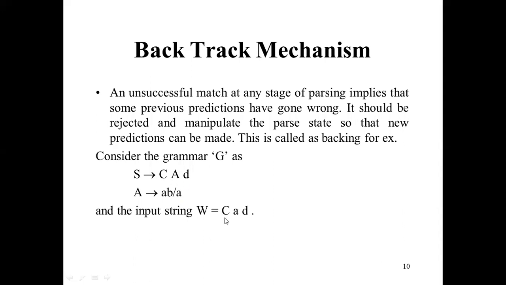It means here the SSM will indicate matching. The pointer SSM will check the match. Here it is matching. So if we use the second option A, then C A will match.